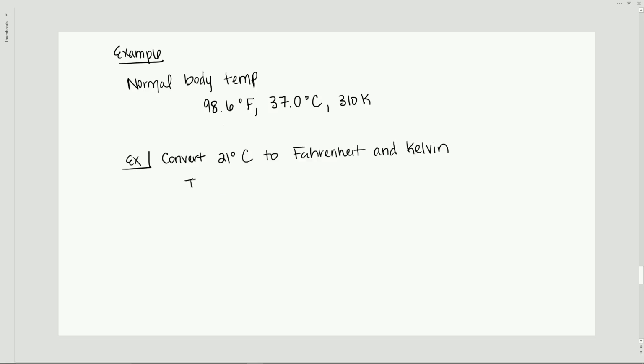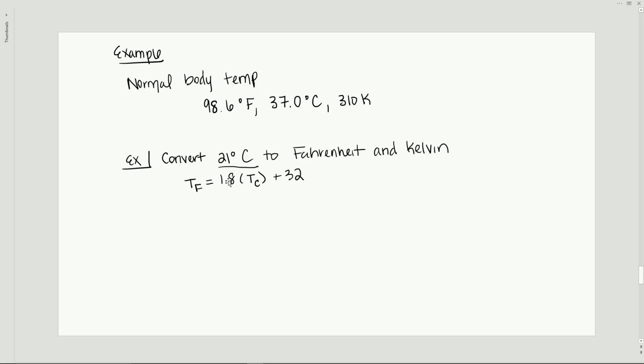So we have our equation: temperature in Fahrenheit is equal to 1.8 times the temperature in Celsius plus 32. Okay, so just commit this formula to memory, write it down somewhere, you'll be able to use it on your exam.